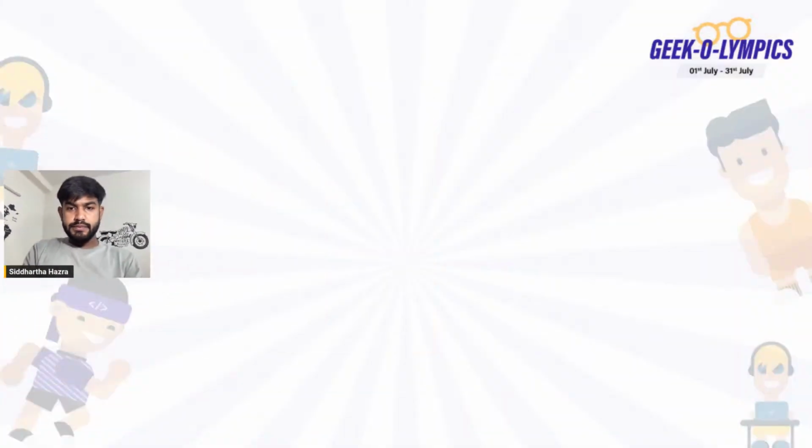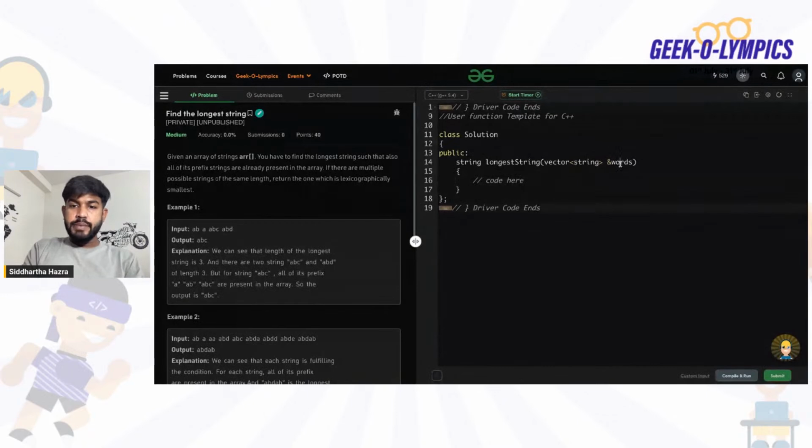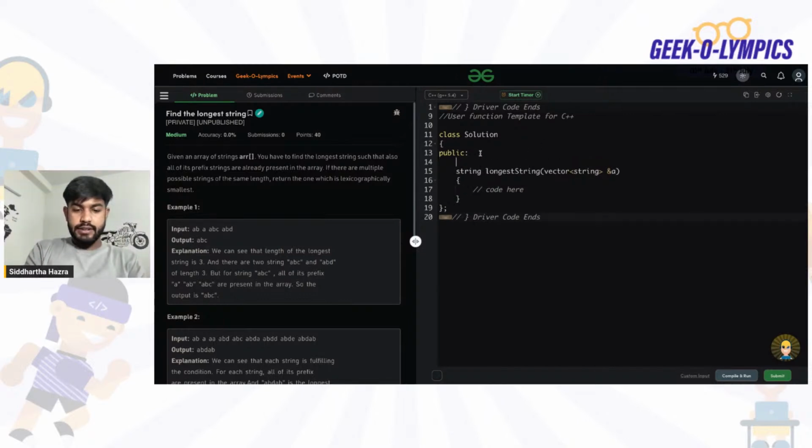Okay, chalo. I'm a very lazy person, so I would make this just A. Now I would use a comparator.